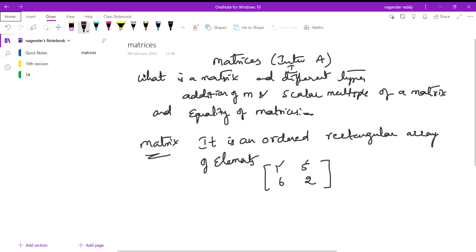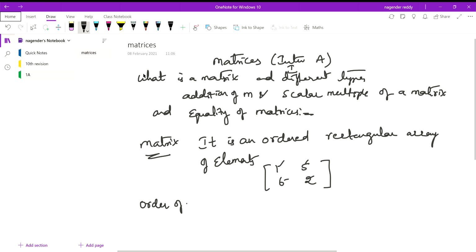The 1, 5, 6, 2 inside are called the elements of the matrix. This is an ordered rectangular array, so we are arranging these numbers in this form. It is called a matrix.